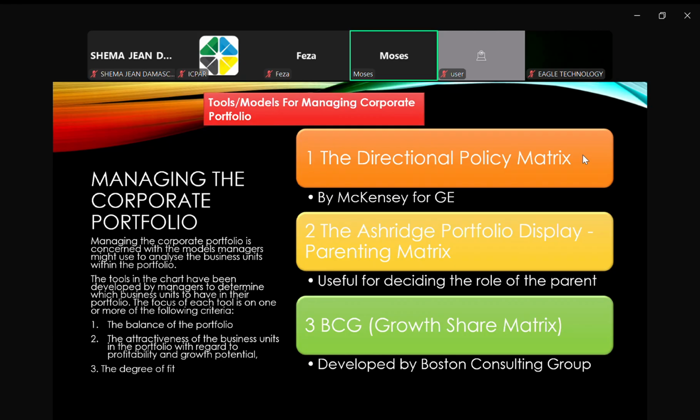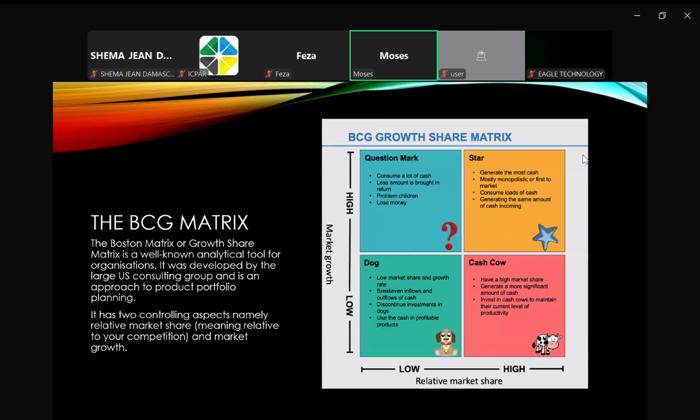Let's start with the first one, the BCG. These models are supposed to help you manage your portfolio. If you have multiple investments, or maybe you have multiple strategic business units, these models are supposed to help you manage those.